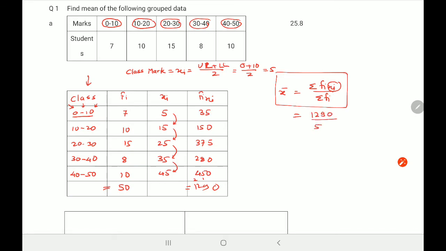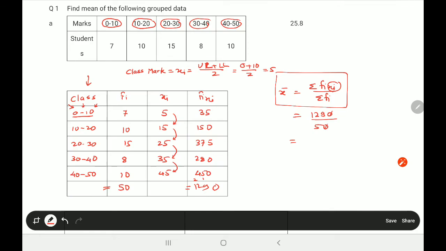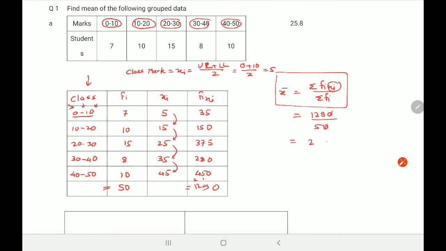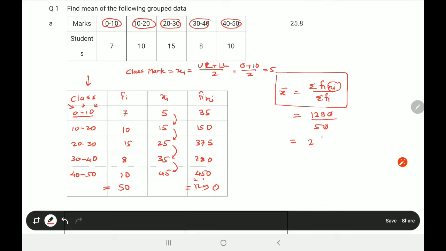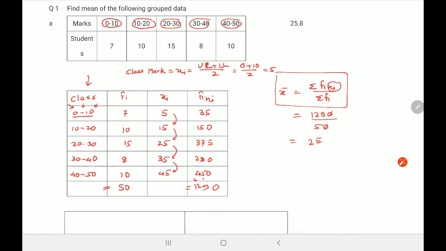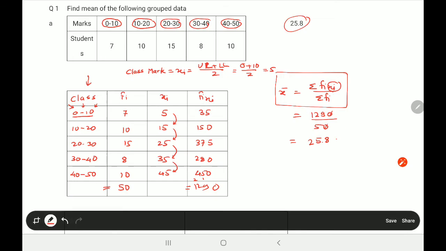I don't know whether it is correct or not. I did it quite fast. So this 00 gets cancelled. Let's try the numbers now. 5 2s are 10, 2 left, 29, 5 5s are 25, and 4 5 8s are 40. Yes, the answer is here. It's correct. But normally 25.8 is a number, not the answer.